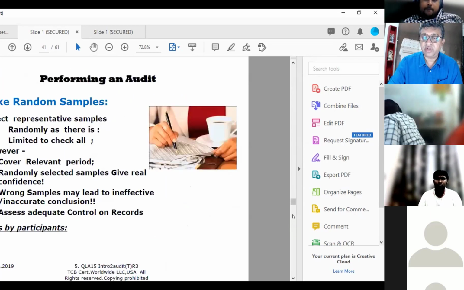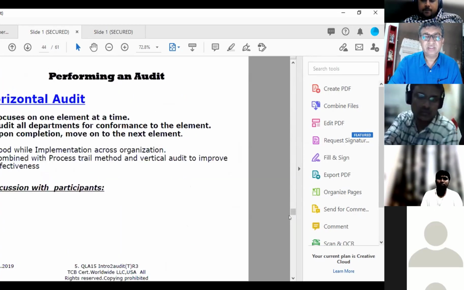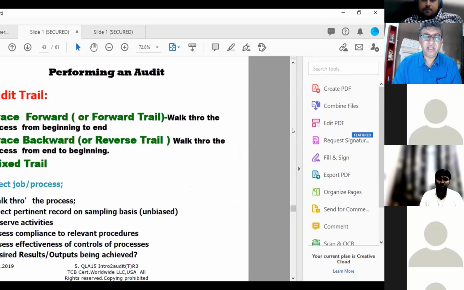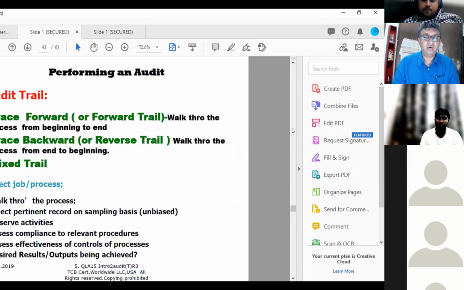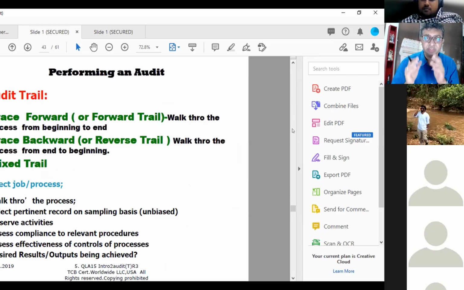So trace forward, trace backward, and mixed trail is somewhere you start in the middle and go back and forth. So you take a sample, for example, some vessels. In one contract, there are several vessels manufactured. So one order you have taken, which is ongoing, and some of them have been completed on a different order. So you take one order, go back to the origin point, take another sample from this point, trace forward.